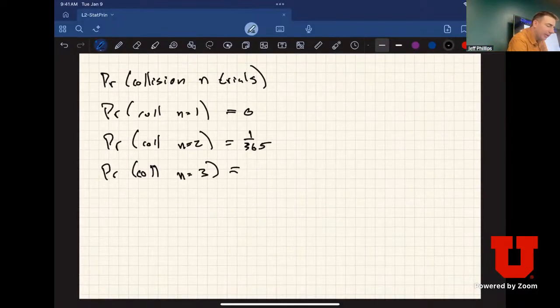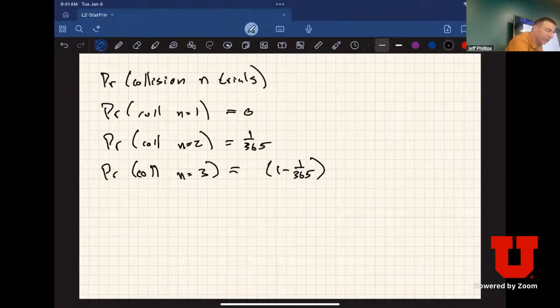That would be 1 minus 1 over 365. And how many pairs of people? If there are 3 people, that means there are 3 pairs, 3 choose 2. If the 3 of you are together, there's 1 pair, 2 pairs, and 3 pairs.